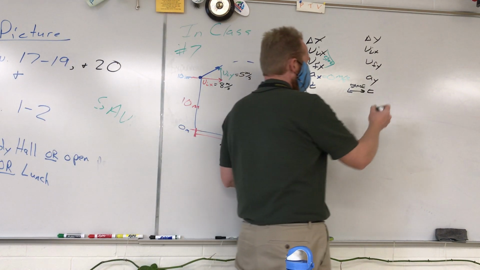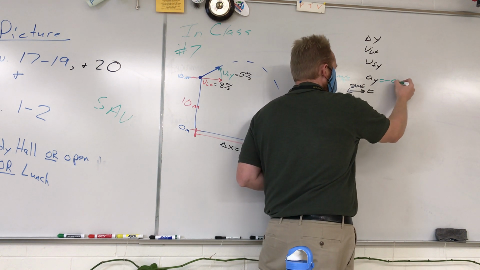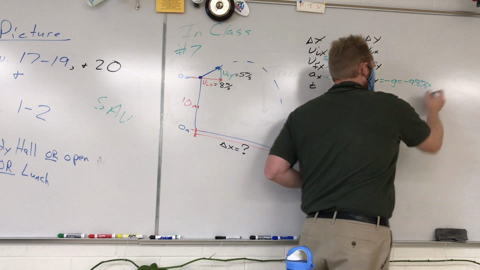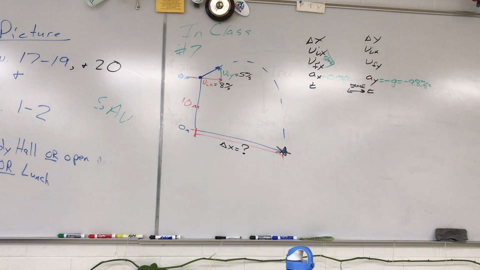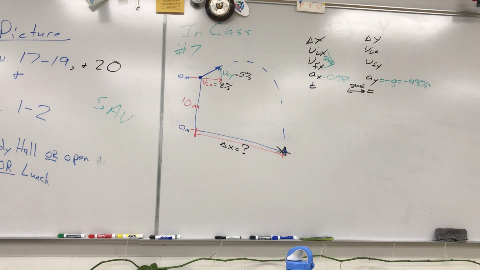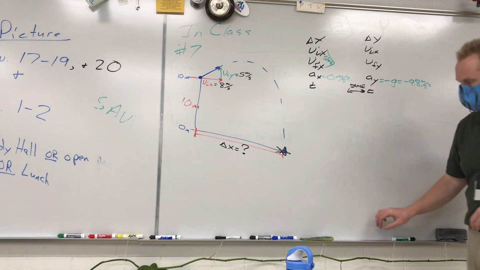And because it's a projectile motion problem, my acceleration in the y direction is equal to negative g, which is negative 9.8 meters per second squared. Projectile motion problem. Green marker, done.